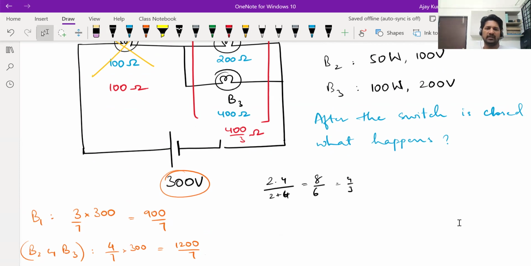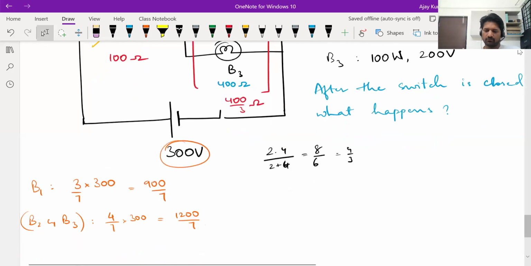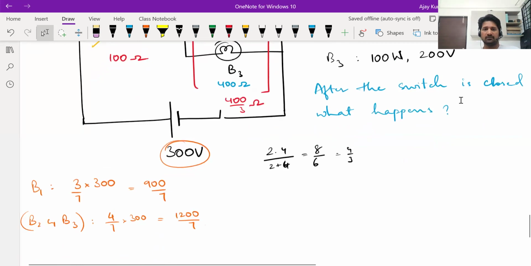How much voltage is B2 getting after closing the switch? 1200 by 7. 1200 by 7 is more than 100. So is B2 safe or will it get fused? It will get fused. B3 is safe because it gets a voltage of 1200 by 7, but its rated value is 200. 1200 by 7 is less than 200.